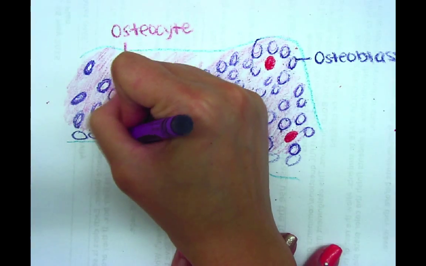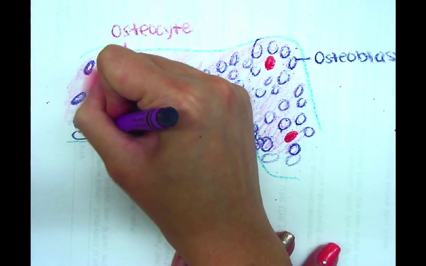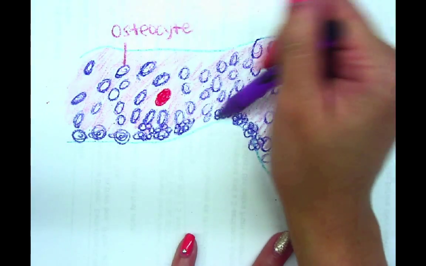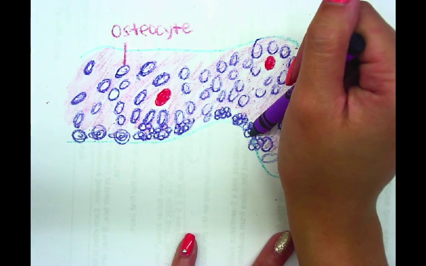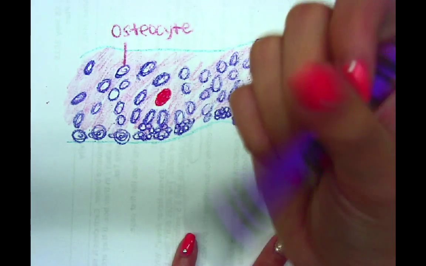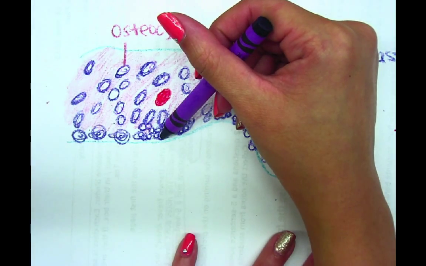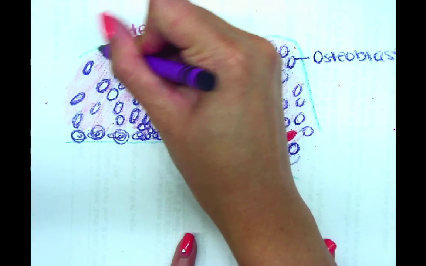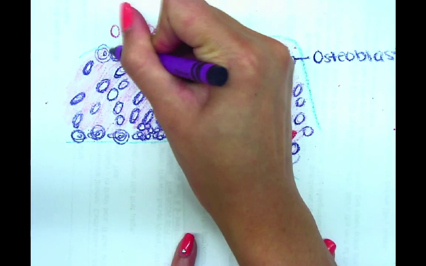This would be super zoomed in, so it's not really to scale. I mean, these haversian systems should have been way larger. Sorry about that, I didn't leave myself enough space. But these osteoblasts are going to start forming compact bone on the sides here.